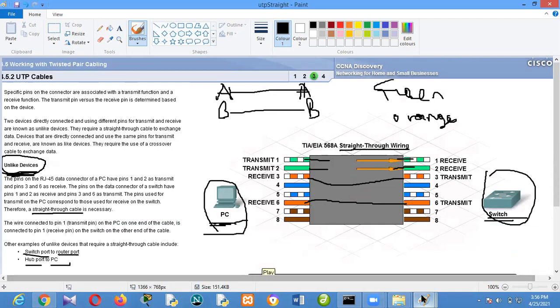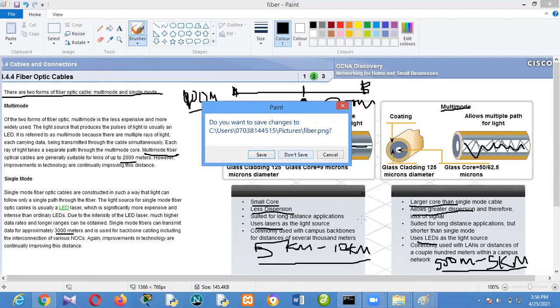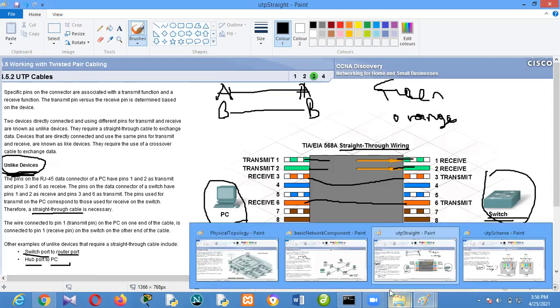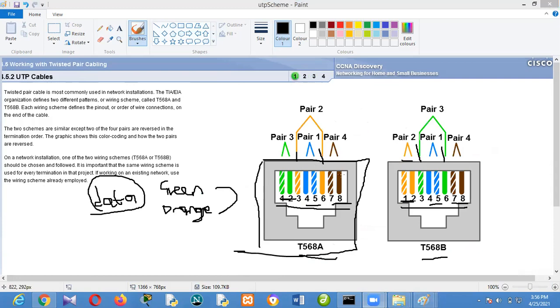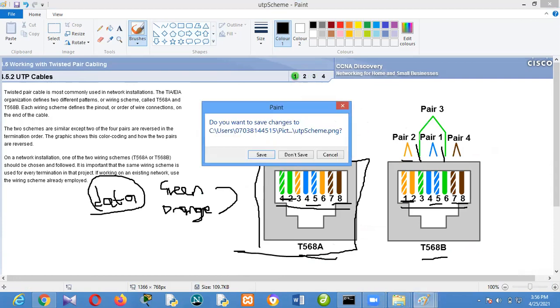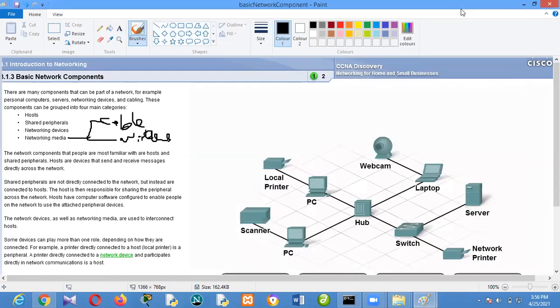But you should know that in real life you can use either crossover or straight-through. Systems in our technology, in our generation now, are more intelligent, so they understand and work well.